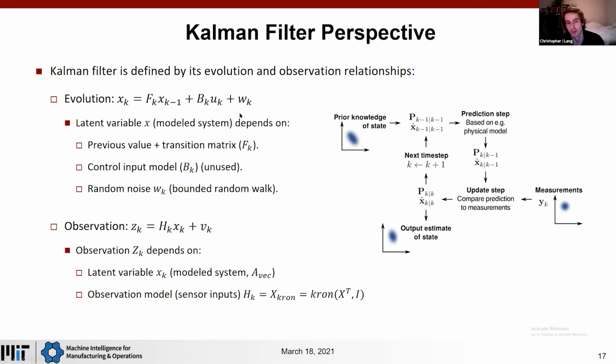In this case, this random noise represents our bounded random walk. And then the second part of this modeling is the observation step. So here we get some new observations, which are a function of our hidden state, but are not necessarily direct observations of our hidden state. And then we also, again, have some observation noise on top of this.